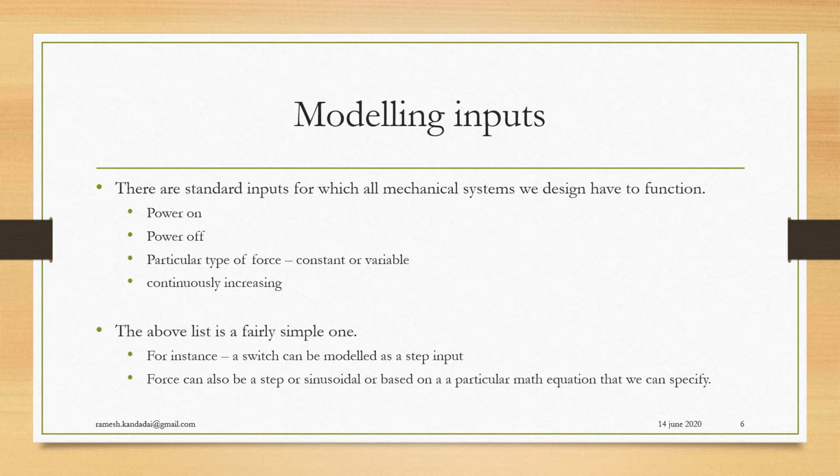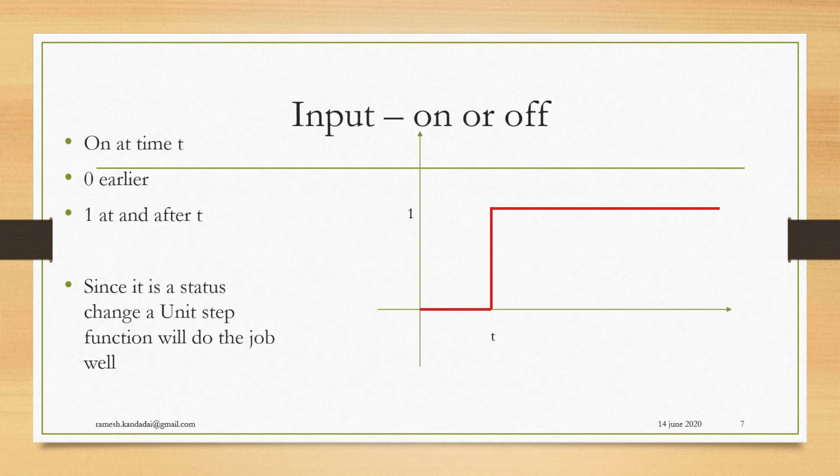It is 0 at all times before t, and at t it becomes 1. This shows you how a signal remains 0 until it reaches a specific time t, and after that it becomes 1. This is called a unit step function. It has a magnitude of 1.